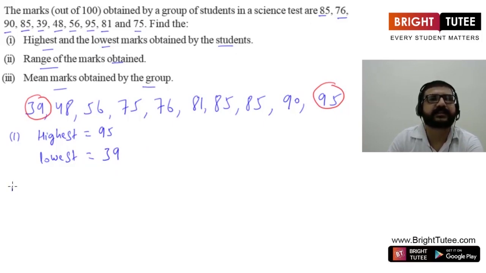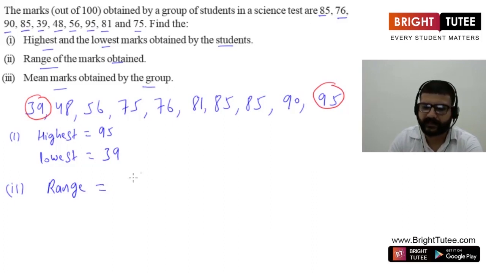Now in the second question, we have to find the range of these marks obtained. So as we know, range is equal to highest observation, or we can say here highest marks minus lowest marks.